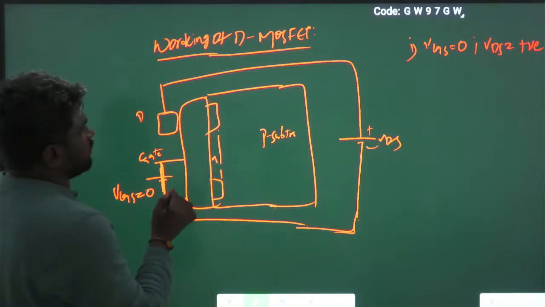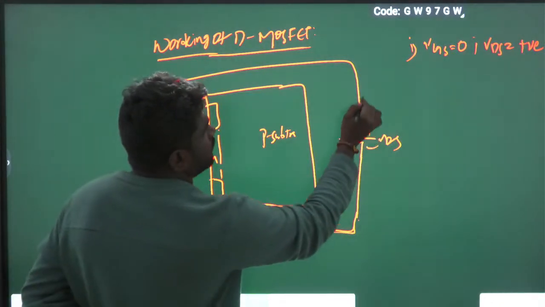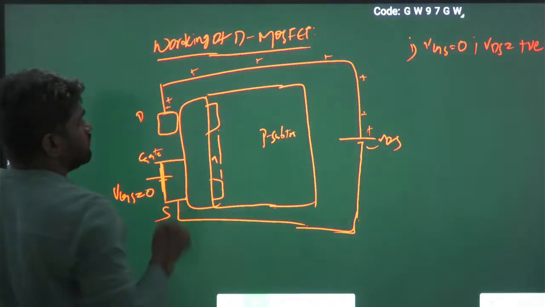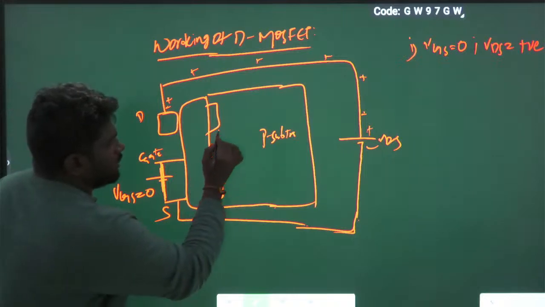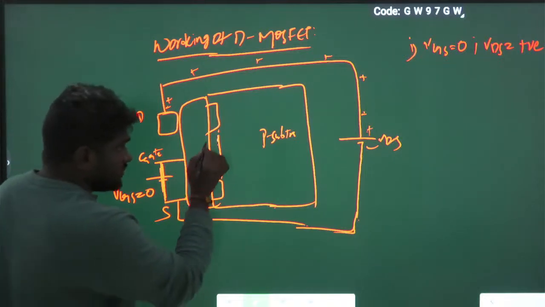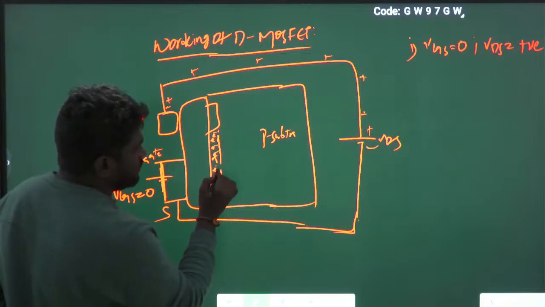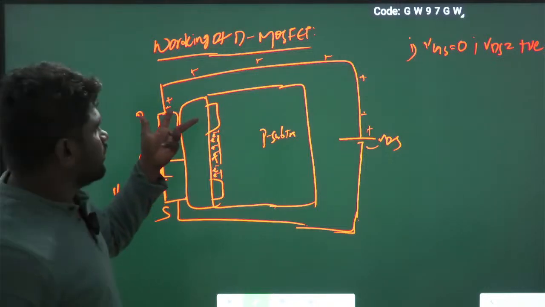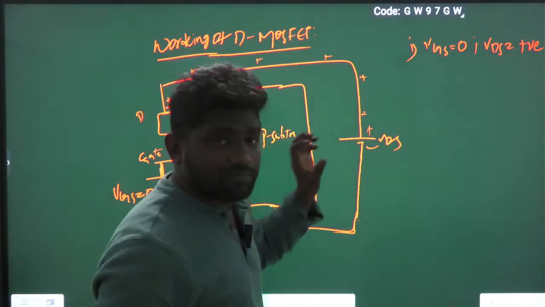Whenever VGS equals 0, this is the positive terminal, this is the negative terminal, so the drain has some positive charge. In the N channel there are some electrons. We know that opposite charges attract and same charges repel each other.